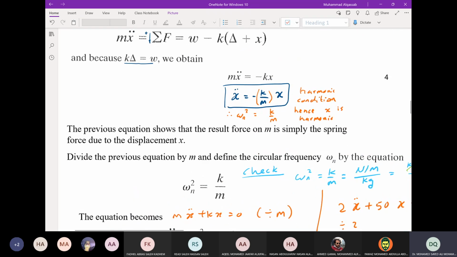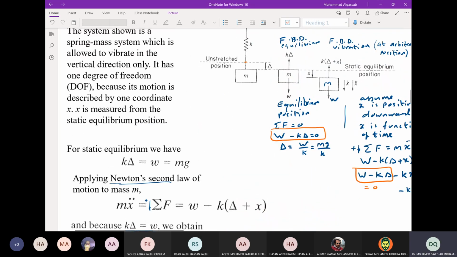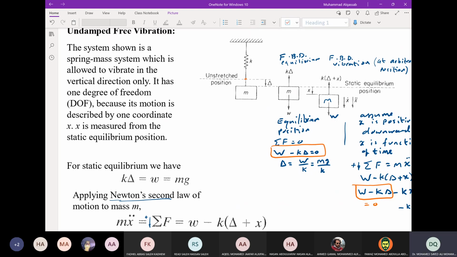Which is obtained using Newton's second law, and make sure of the free body diagram, just one more thing. The free body diagram usually contains kx only, because w and k delta cancel each other.